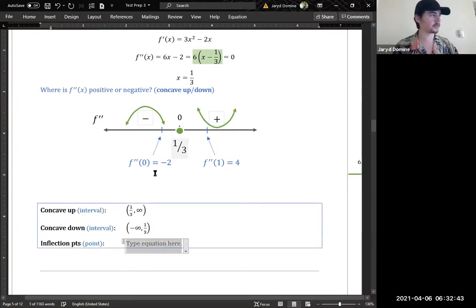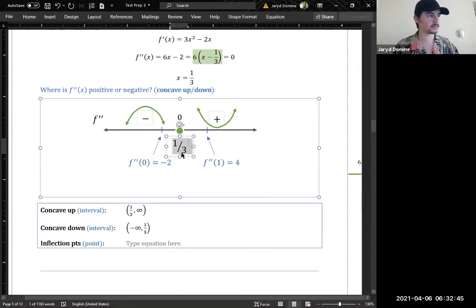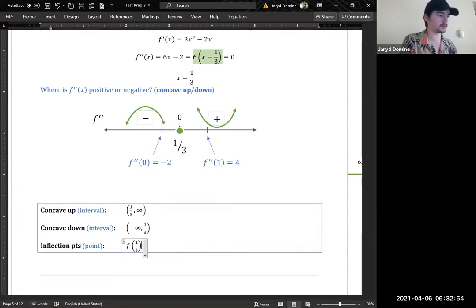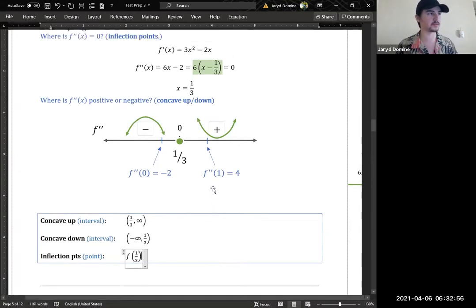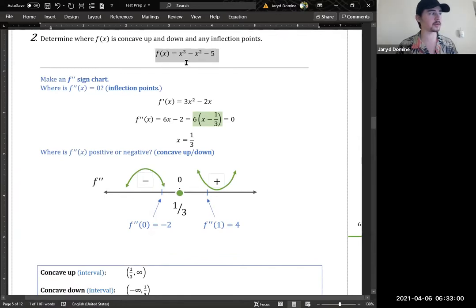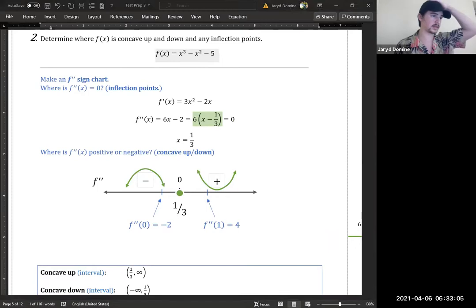Okay. Inflection point. So we have this x value, but we want a point, so we also need the y value there. So we say f of 1/3. We just plug it into the original function right here. If I plug in 1/3 here, I'll get 1/3 cubed minus 1/3 squared minus 5.